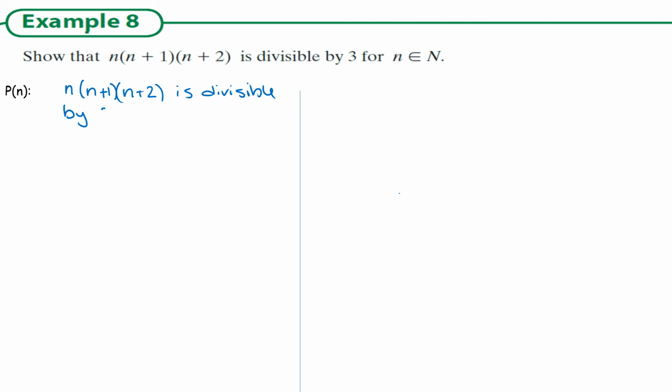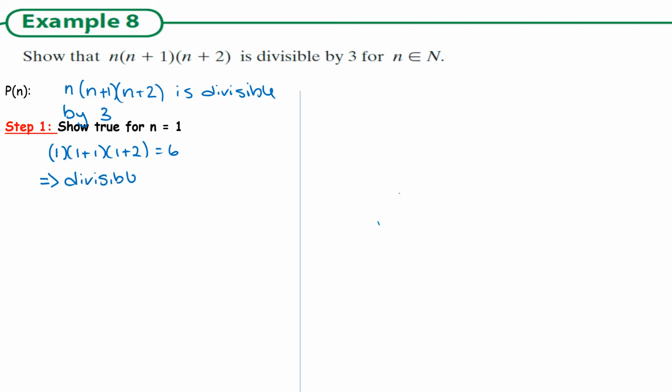And this kind of question is more like what we saw in the series proofs. So step 1, we're going to show true for n equals 1. So we want to show 1 times 1 plus 1 times 1 plus 2, and that equals 6. And that is divisible by 3. Therefore, P1 is true.